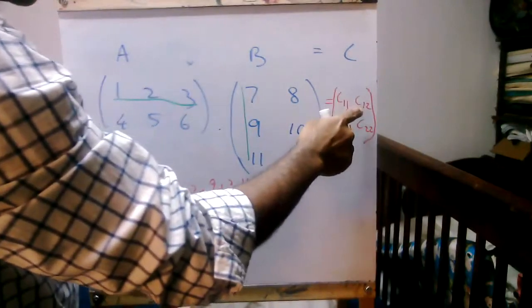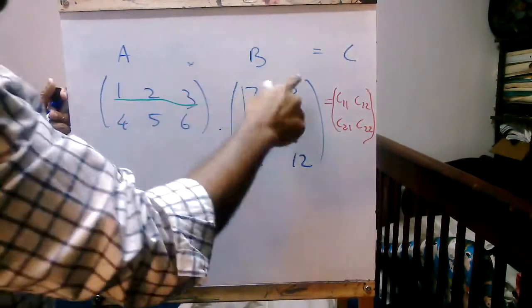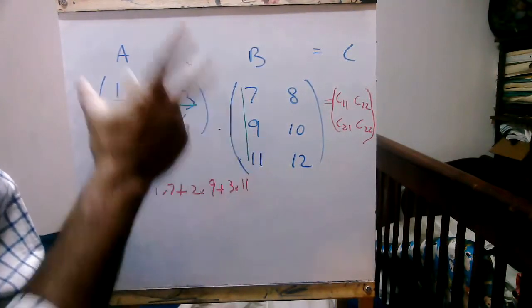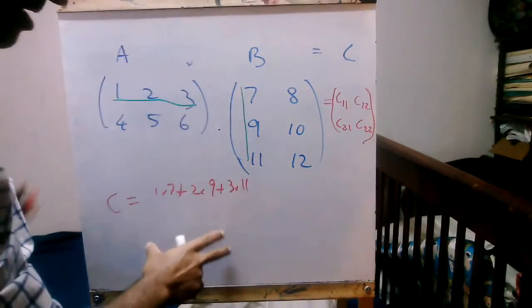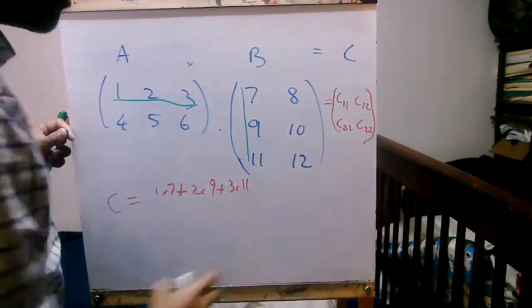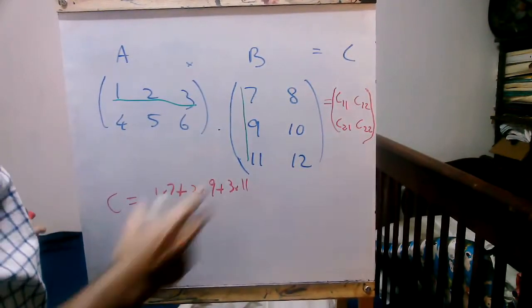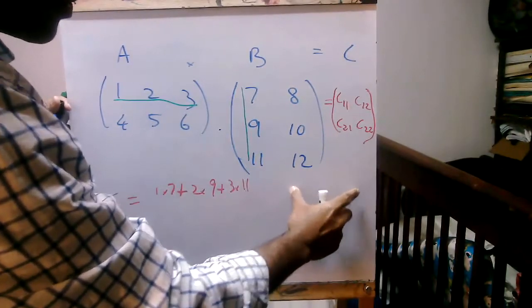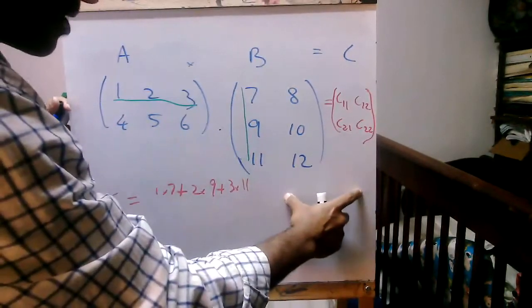Now we know we have to multiply this and this, but imagine just at random we won't write one of these elements. Out of the blue we decide to write this one. How do we decide what row and what column to multiply?